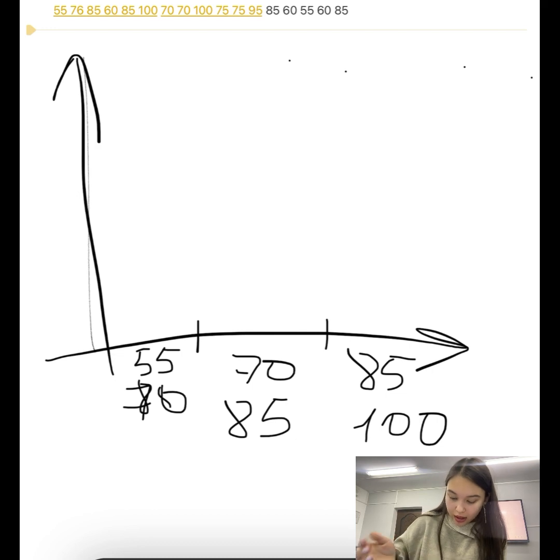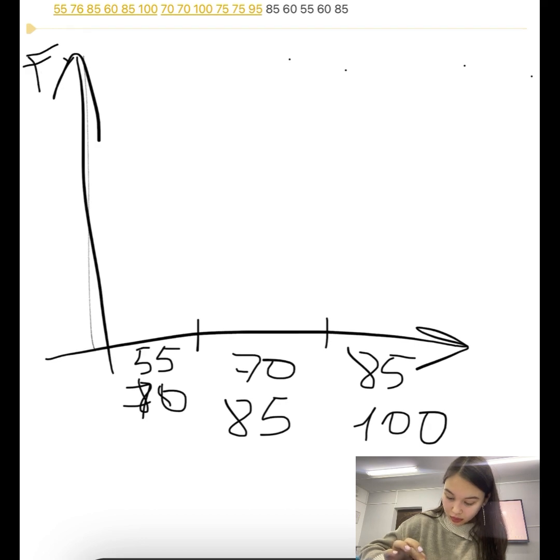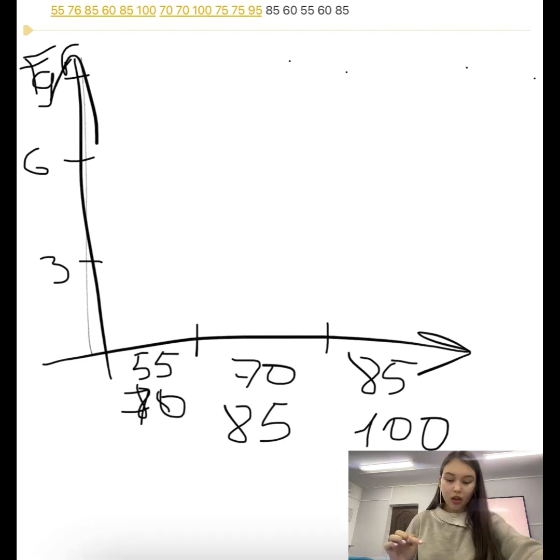And here are the types of the frequency. So here is from 1 to 3, from 3 to 6, from 6 to 9.